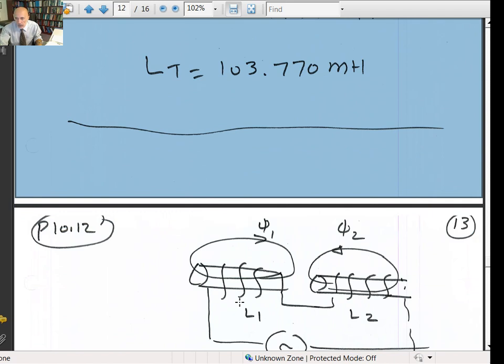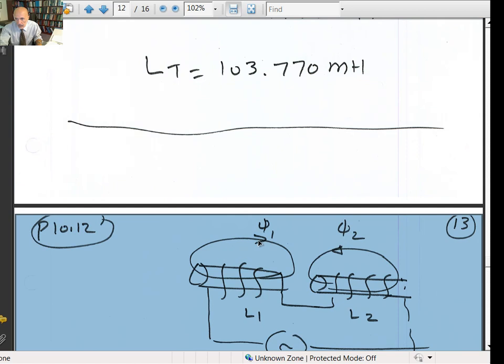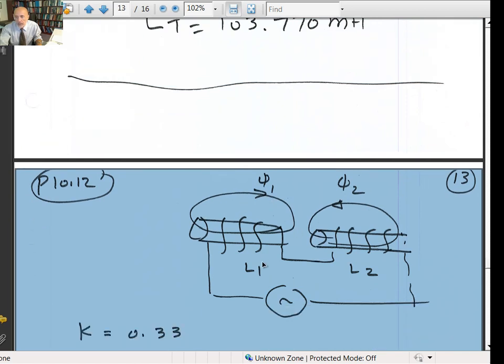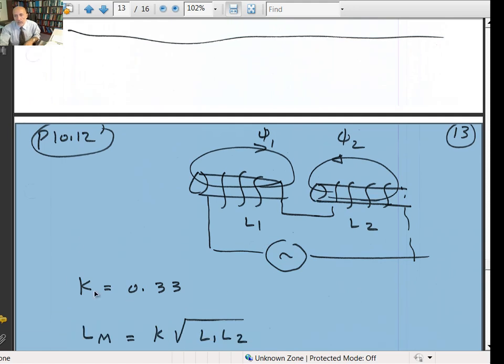So here you have two inductances. The winding is done such that the magnetic fluxes are opposing each other, and the coupling coefficient is equal to 0.33. So the mutual inductance between the two is always equal to K times the square root of L1 times L2.